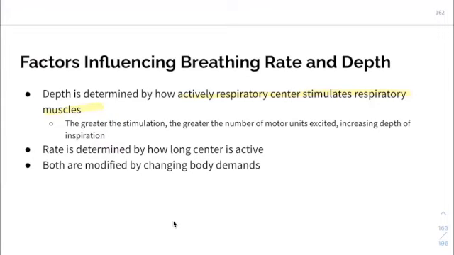In this case, it could be our respiratory muscles. And just like any other muscle in our body, the more signals that are sent to that specific muscle, the more that muscle is going to contract. So if these neurons are rapid firing information to, say, your diaphragm, it's going to cause the diaphragm to contract maximally, which is going to cause a deeper inspiration.